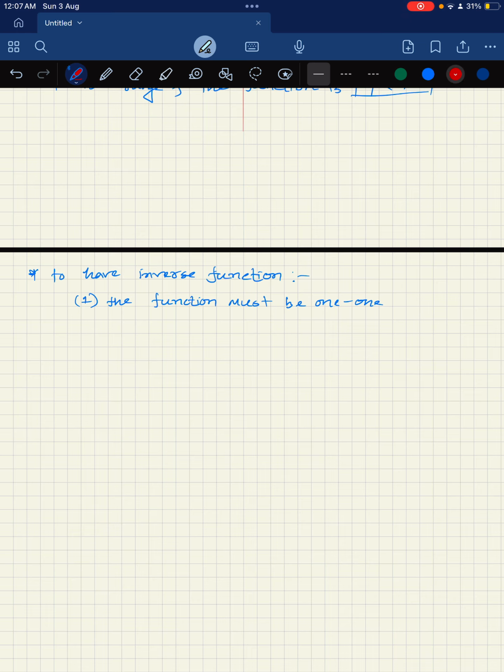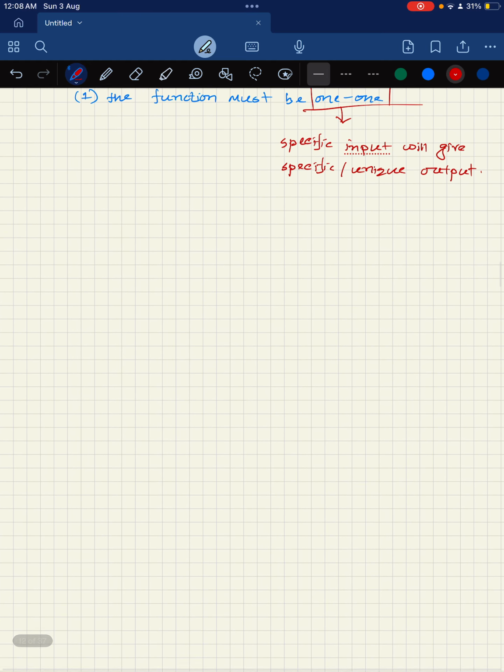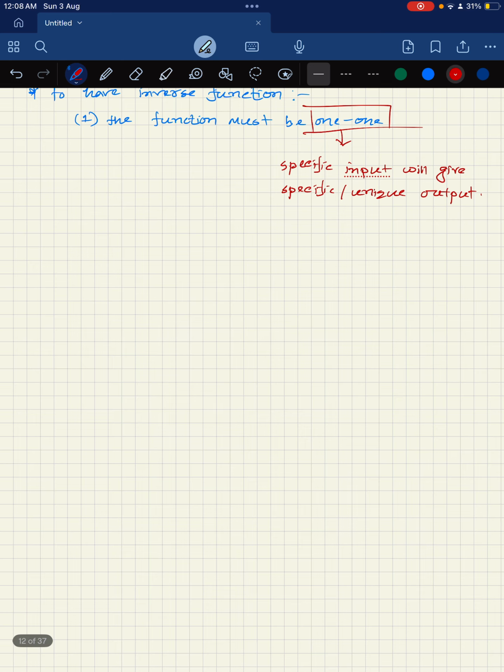Okay, let's look at it. One-to-one means a specific input will give a specific or unique output. If we look at the graph here, input means x and output means y.